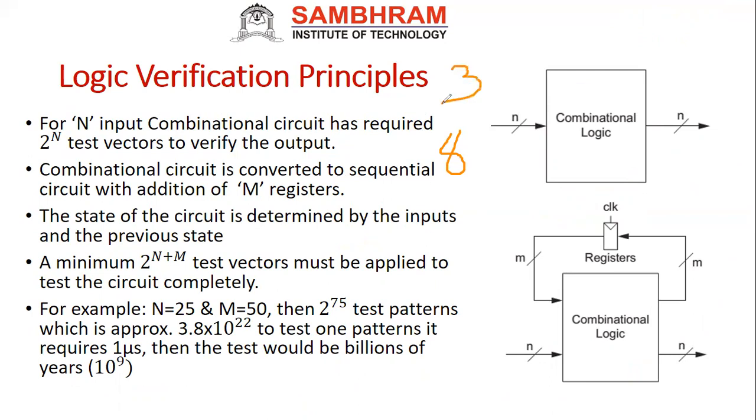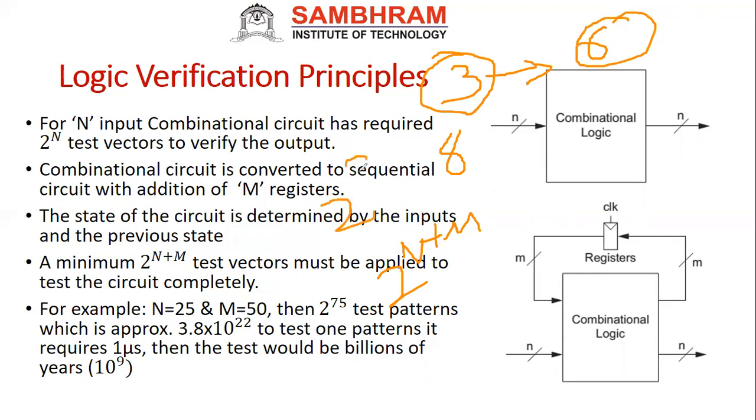The input is 3. When I convert to RTL level, it may automatically require 6 registers. If 6 registers are required, then the number of test vectors required during the testing process is 2 to the power n plus m, where n is the number of inputs and m is the number of registers.